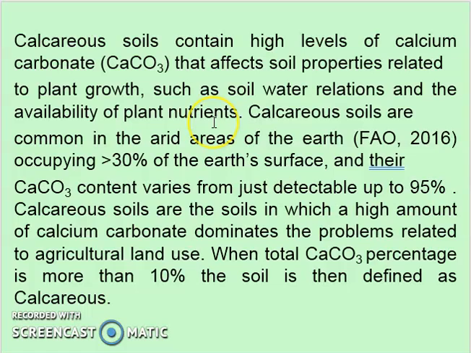There is a problem here in plant nutrition because most elements, as you will know, become unavailable for plants when they fall into the soil system.